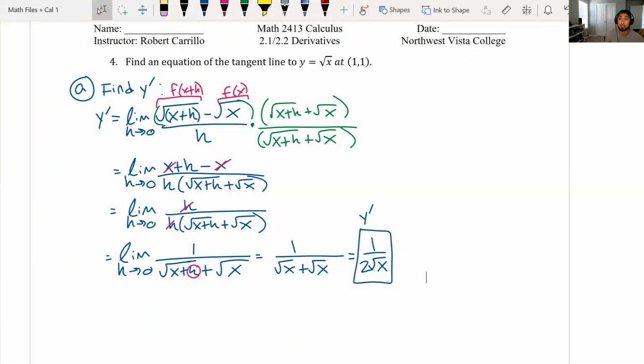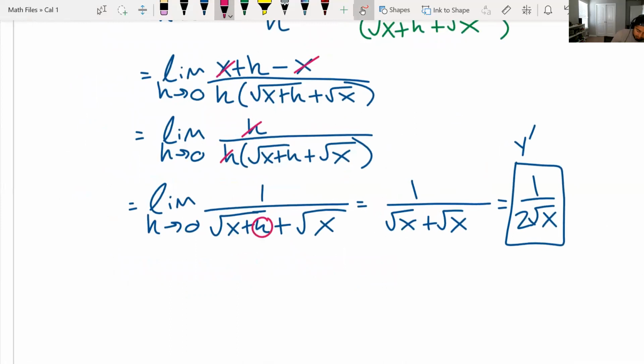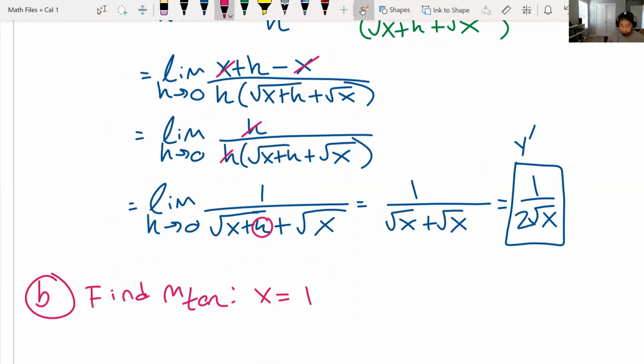Which means now, let's find the slope of the tangent line. We were given an x value. We're given the point 1, 1, and the x value is 1. So lucky us, right? So B, find m tangent when x is 1, and m tangent is going to be 1 over 2 times the square root of 1, which is just 1/2.